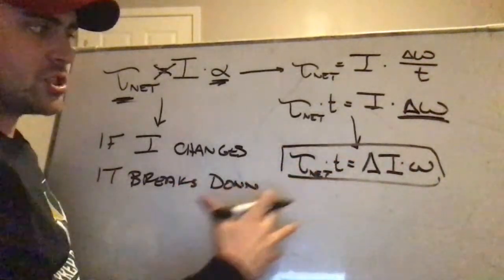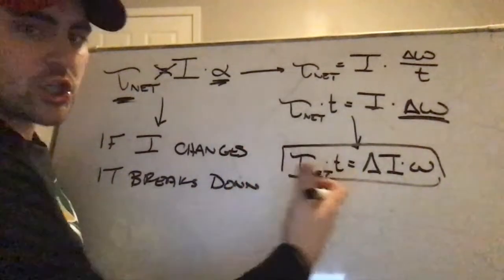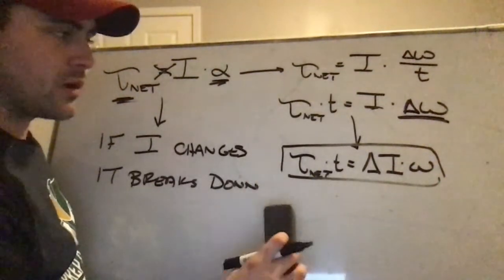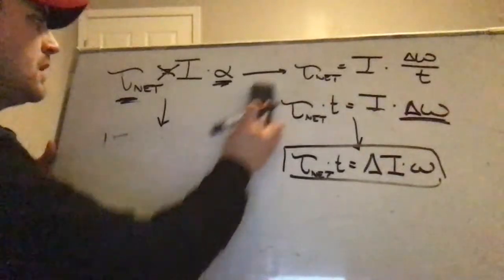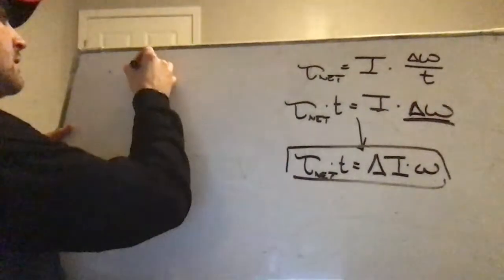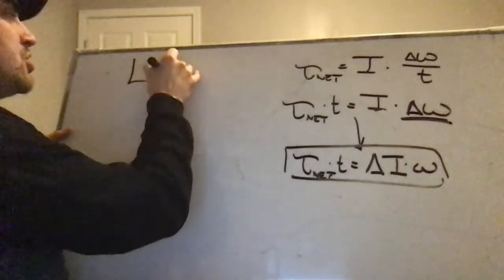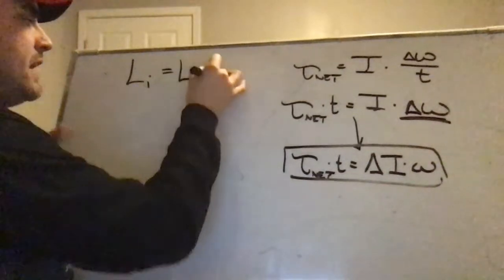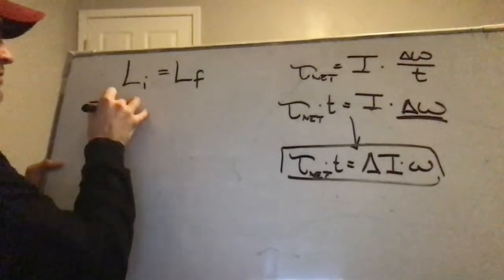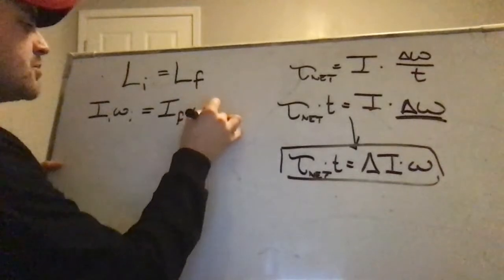Either a change in the shape or speed will, a net torque will produce a change in speed or shape. But without an outside net torque, angular momentum is conserved. And so oftentimes we're able to write this expression. If there is no outside net torque, initial angular momentum, which is L, is equal to final angular momentum. Meaning I initial times omega initial equals I final times omega final.